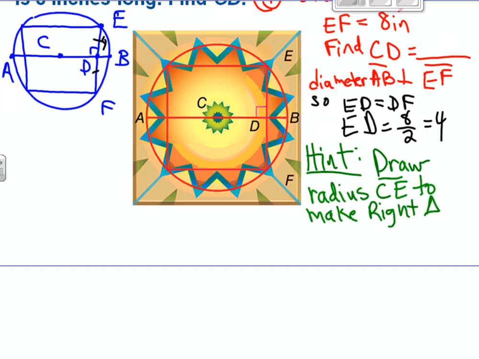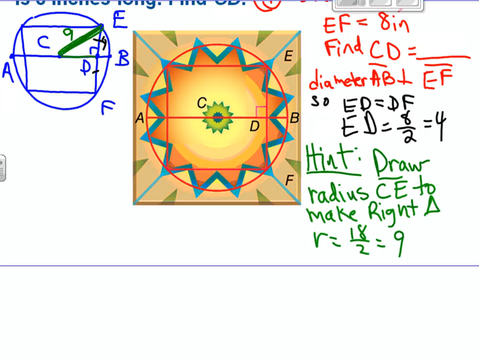And then we can use the Pythagorean theorem. And since CE is a radius, I know the diameter was 18, so the radius is 18 divided by 2, which is 9. And so I'll label that as 9.